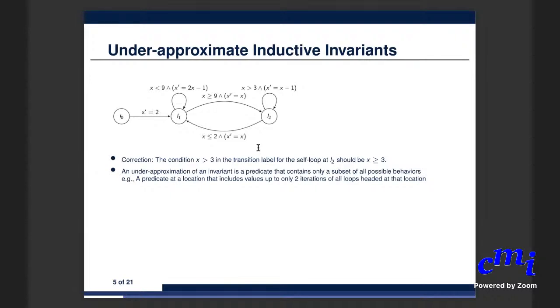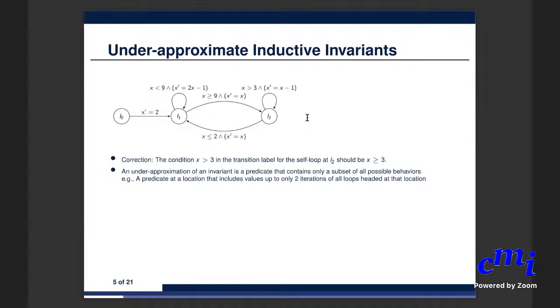A predicate at a location that includes values up to and including only 2 iterations of all loops, if any, that have their heads at that location.